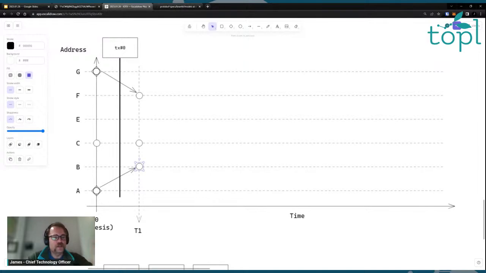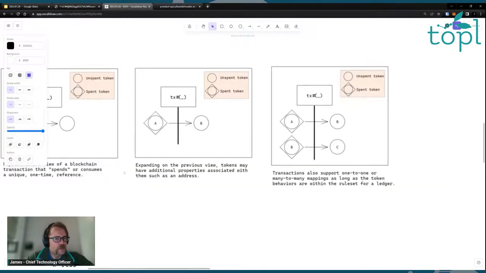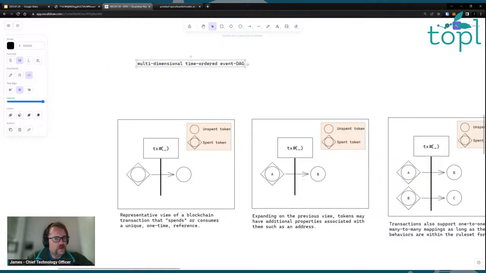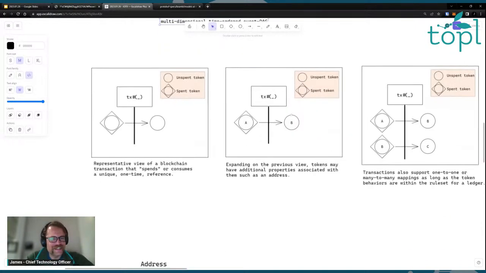This is purely diagrammatic. The point of this part of the lecture is to think about the time ordered part of the event DAG of the description I said a little while ago. If you remember, I said it was a multi-dimensional time ordered event DAG. This is the DAG. These are very, very small DAGs, like 1-step DAGs, but technically you could call it a DAG.